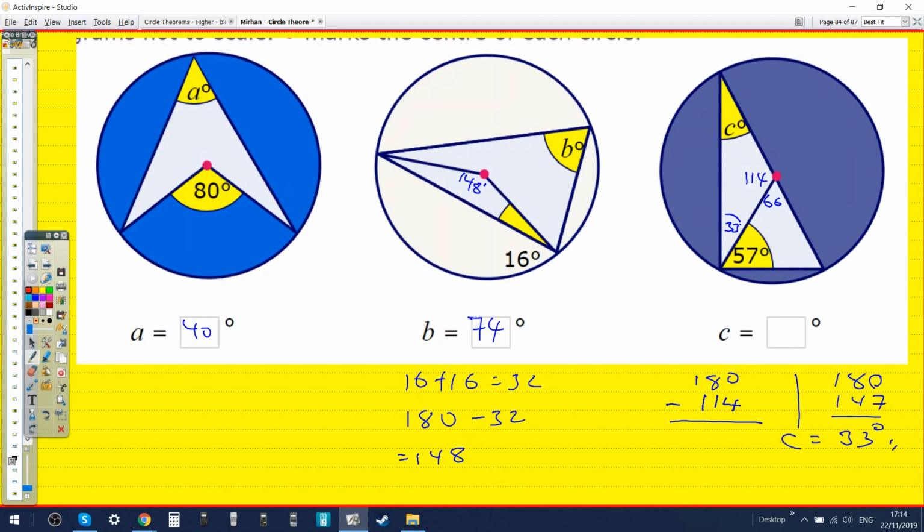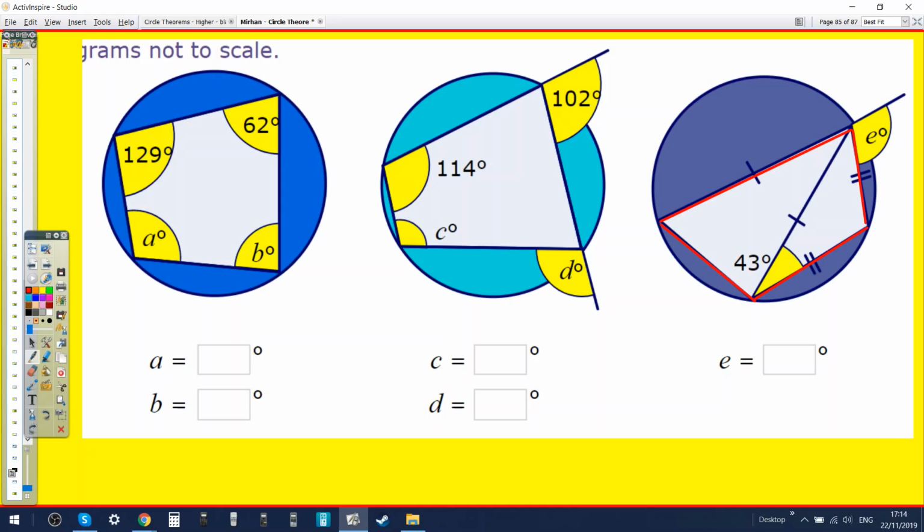There was one more thing I needed to do. This one. Any idea how you find A and B in the first one? Is 129 and A equal, and 62 and B equal? No. That's pretty hard.